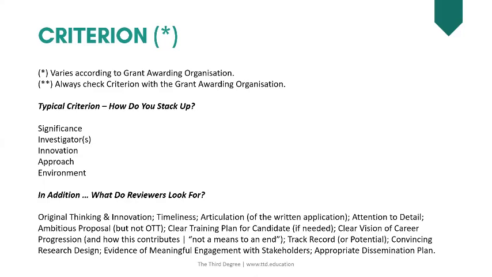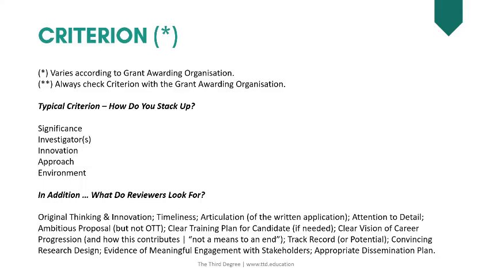One, it varies. Every organization that offers money has different criterion and different expectations. What I'm doing here is giving a generic, typical, common ones, but always go through and check with the organization what specifically are their criterion.